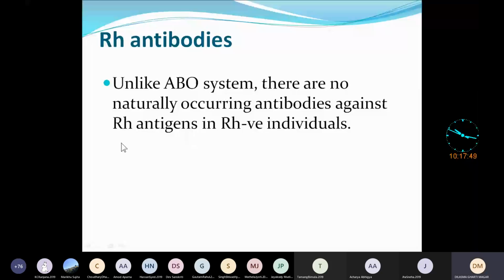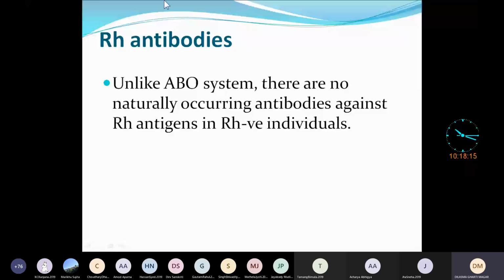Some of the students, in the viva practical exam, we ask: suppose D antigen is there, what is the antibody in the plasma? They will say anti-D. That is not okay. All may not say it, but a few students will answer that way.